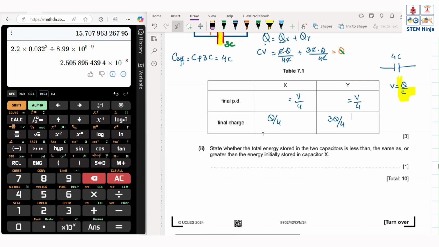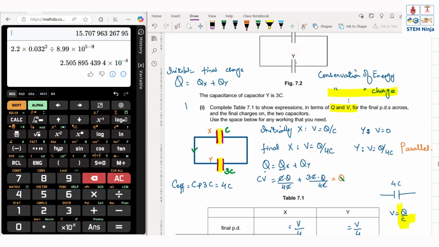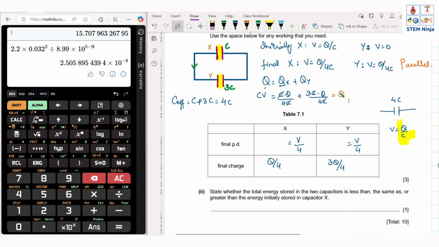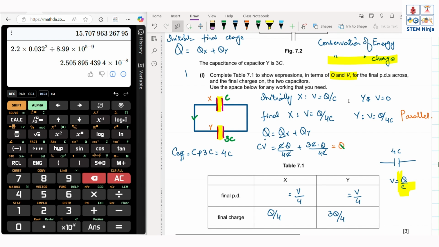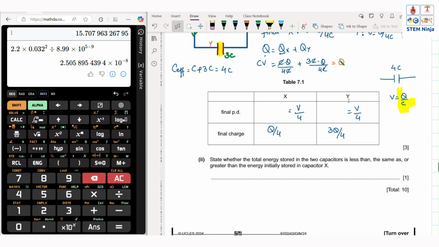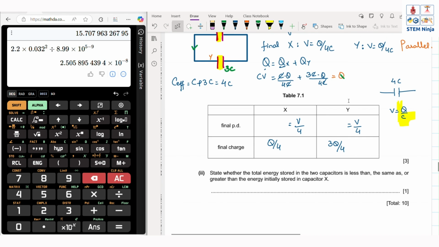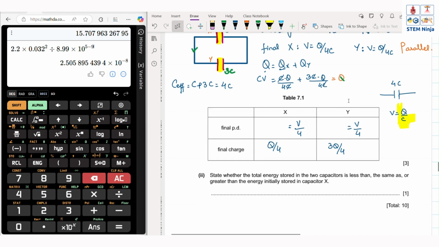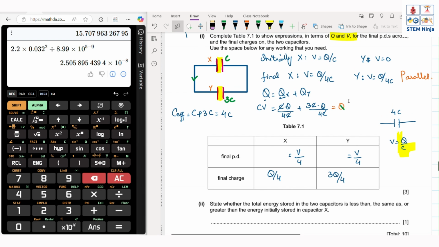All right. State whether the total energy stored in the two capacitors is less than, same as, or greater than the initial energy stored in capacitor X. To answer this, we just spoke about the conservation of energy, but this was the ideal case. However, for a practical scenario, there will be some loss of energy because of the wires, simply because of the work done to move the charges from this point to this point.